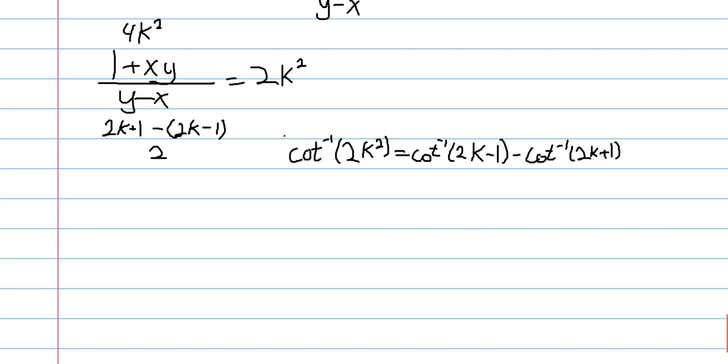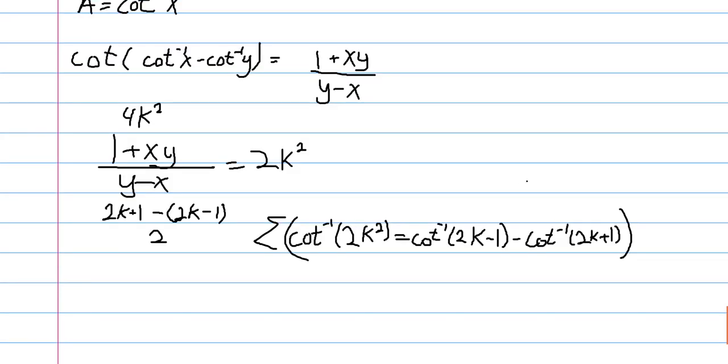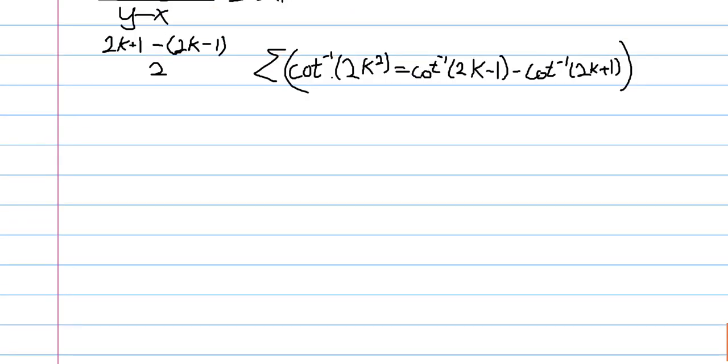And so basically we slap a sigma on both sides of this equation, and we notice that with 2k minus 1 and 2k plus 1, when you increment k, the next term, the positive term, will be 2k plus 1.